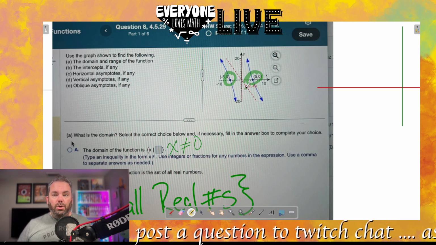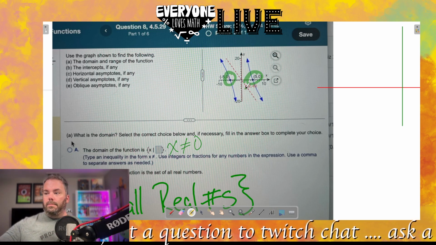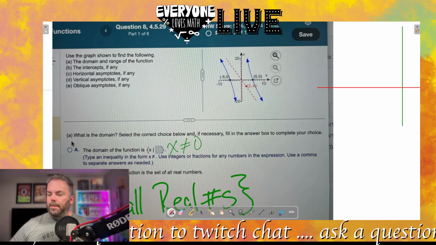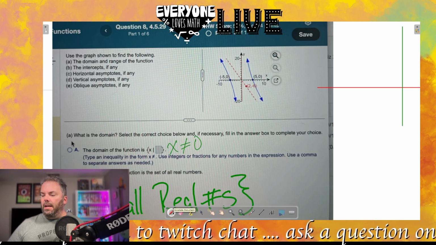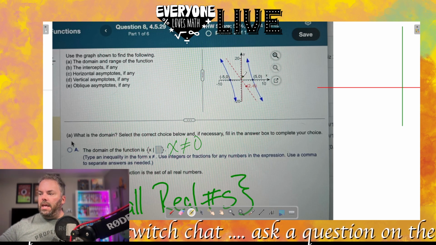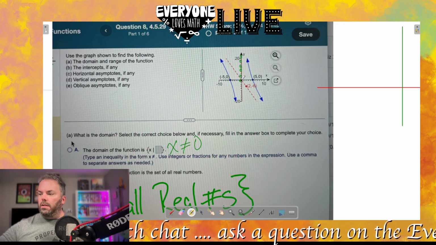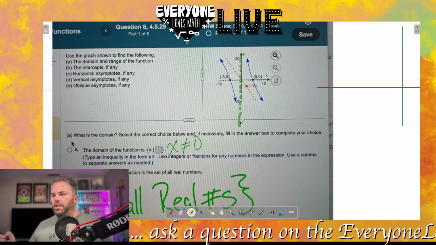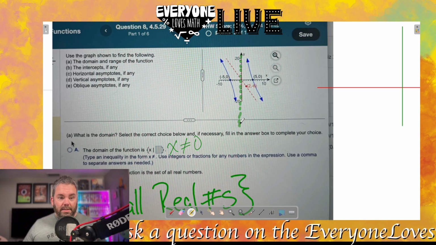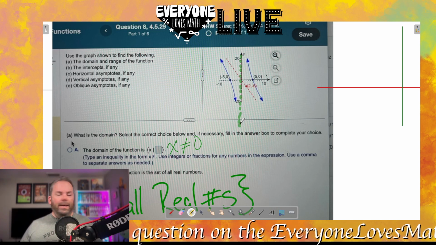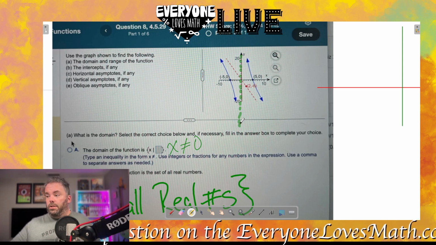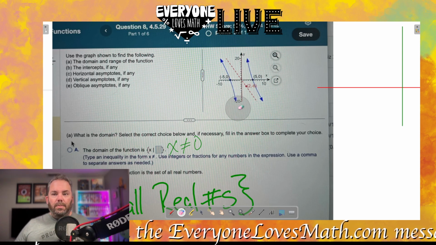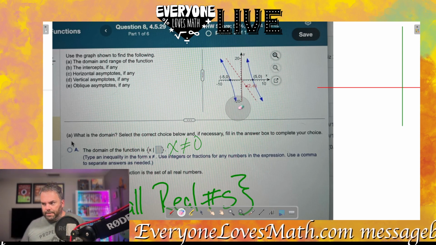When it comes to y-intercepts, notice there's a vertical asymptote right here. This function never touches the y-axis, so there is no y-intercept. So the x-intercepts are labeled and there is no y-intercept.